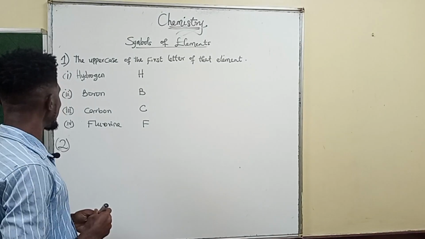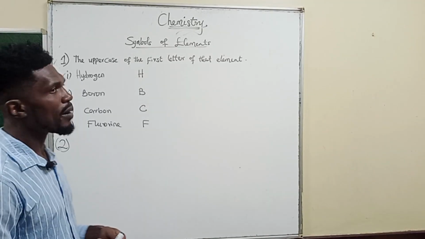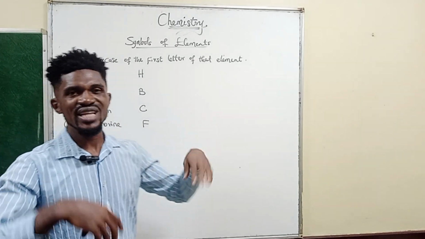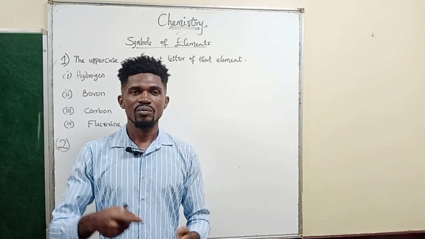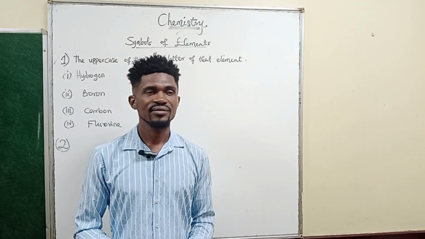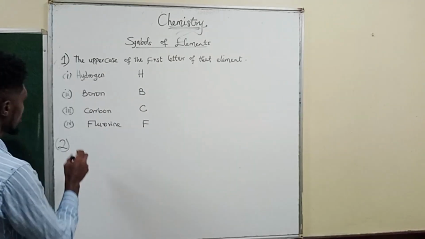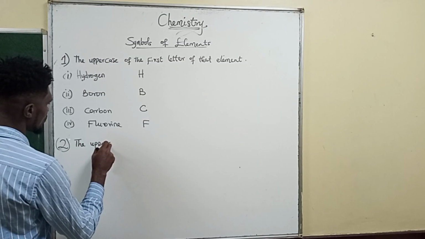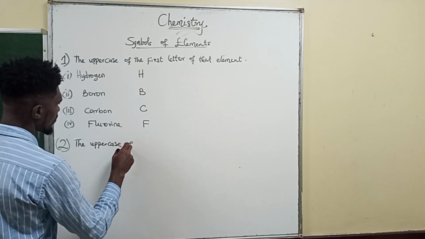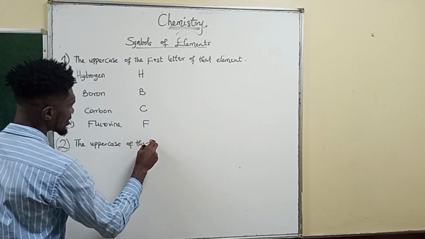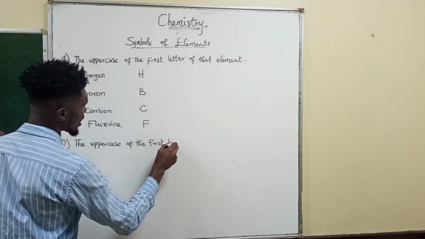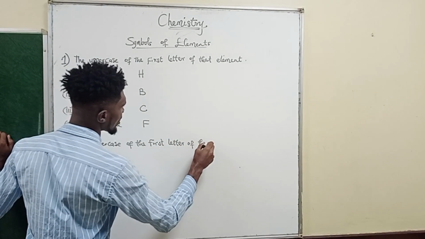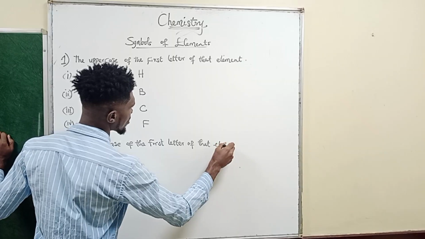So, the second way again is by using the uppercase of the first letter of that element with another letter, but lowercase in this case. So, I will write that again so that you understand. The uppercase of the first letter of that element with a lowercase of that element.